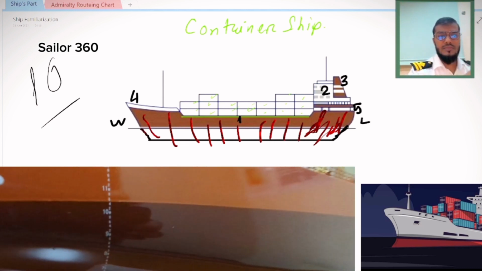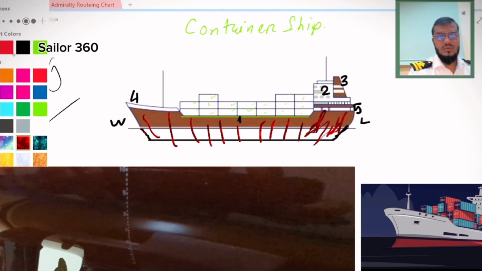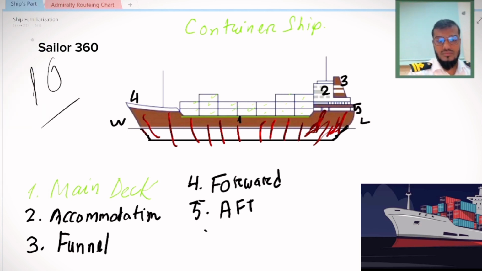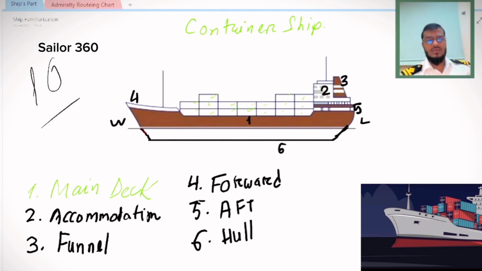This is the one which carries all the other parts of the ship within the shell. So this is called hull. Here, number 6.